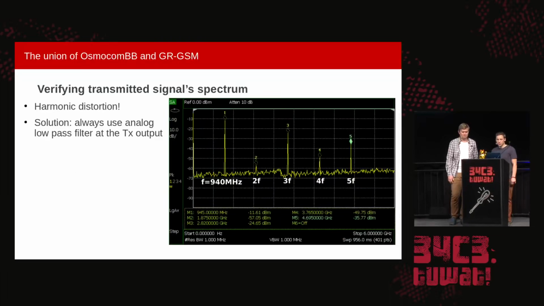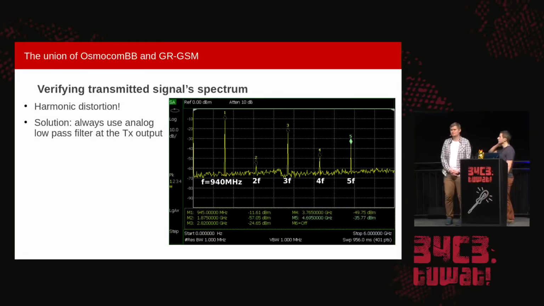And in the end, what had to be done was verifying the transmitted signal spectrum with a spectrum analyzer. When you are connecting an antenna to the SDR device, you should always take into account the fact that it might not produce the ideal signal.